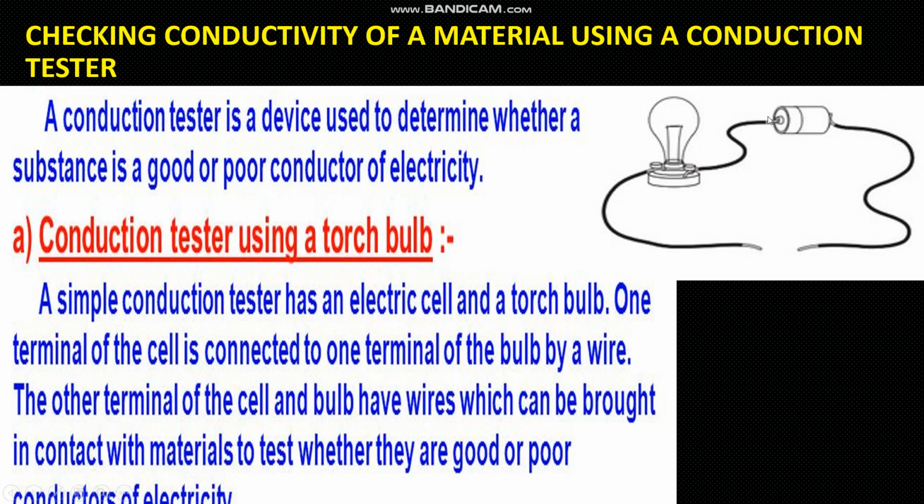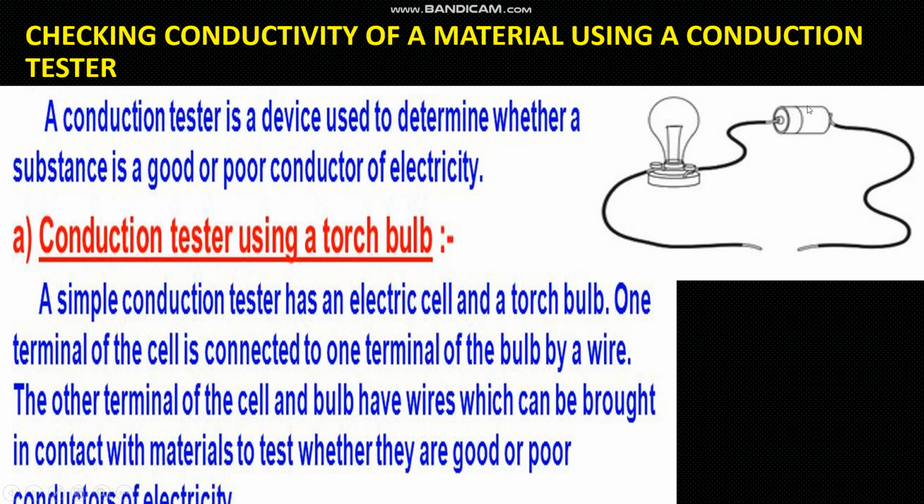One terminal of the cell is connected to one terminal of the bulb by a wire. The other terminal of the cell and the bulb have wires which can be brought in contact with the materials to test whether they are good or poor conductors of electricity.